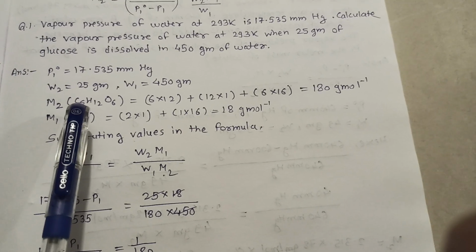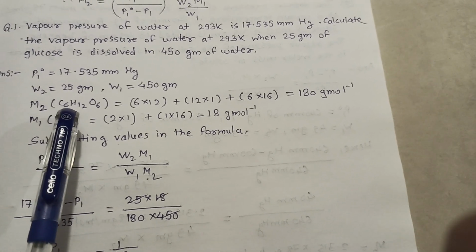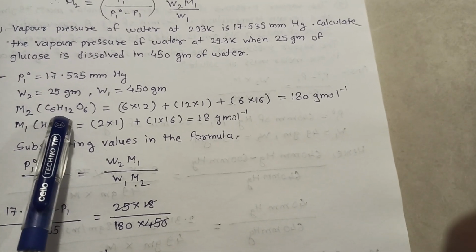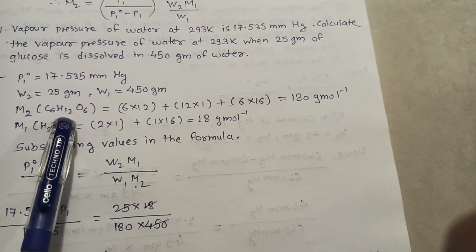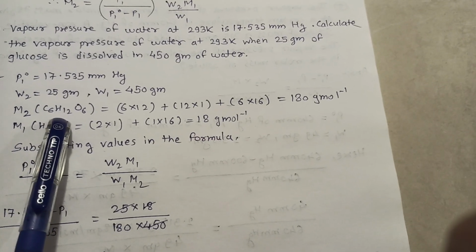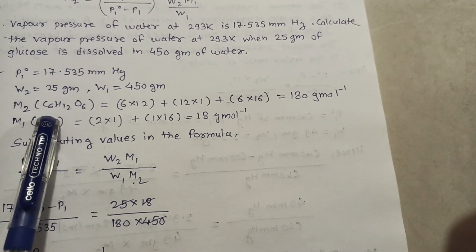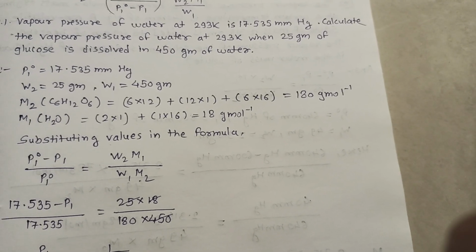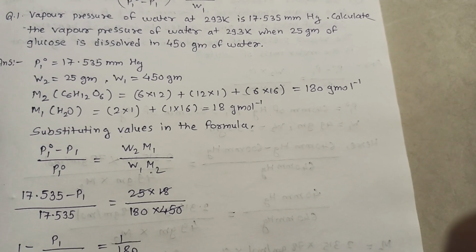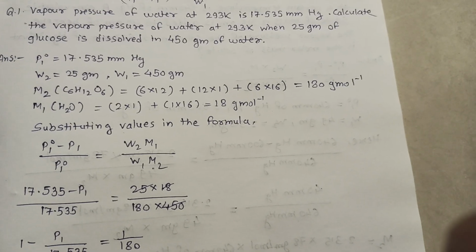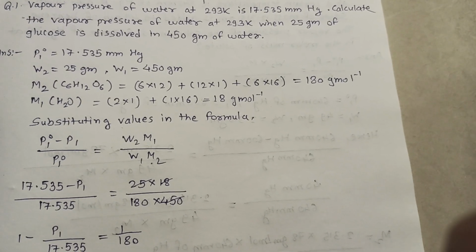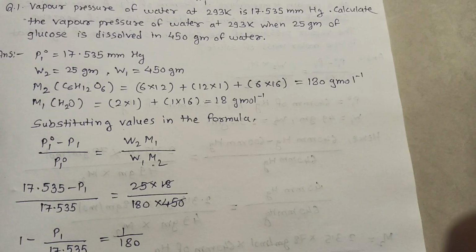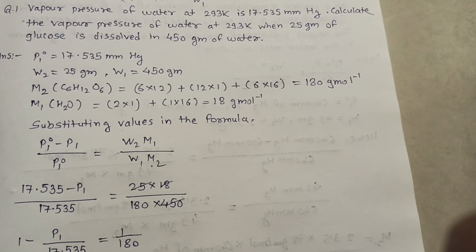So question 1: vapor pressure of water at 293 Kelvin is 17.535 mm of Hg. Calculate the vapor pressure of water at 293 Kelvin when 25 gram of glucose is dissolved in 450 gram of water. So here we have to calculate P1. P1 is vapor pressure of solution.